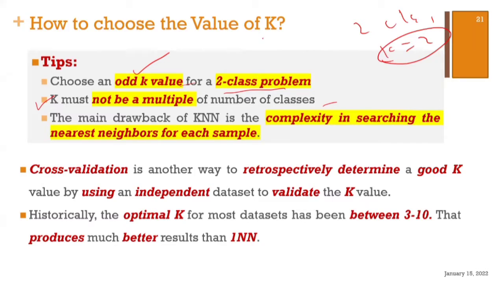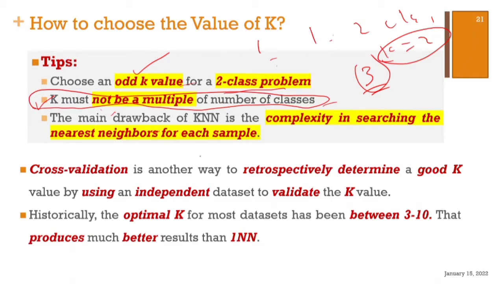Since this class can have 1 and this one has 1, I'm going to have a problem deciding which class to assign. That is a very, very important rule to note. If I have three classes, you have to make sure that you don't choose a multiple of the number of classes. Otherwise, you have a problem during the voting process if they have a tie. This is why this rule is very important. We all take note of it. It's a general rule.